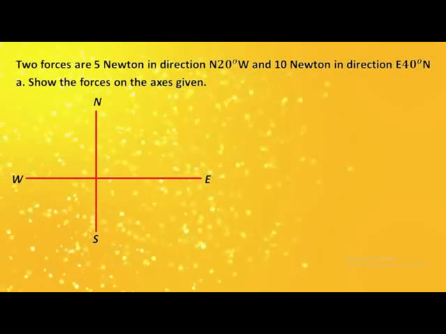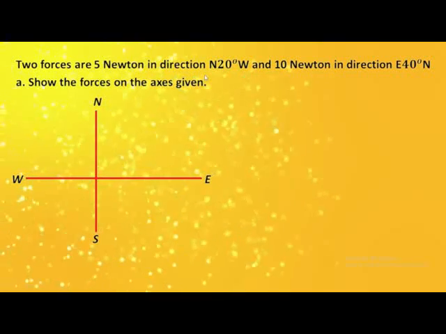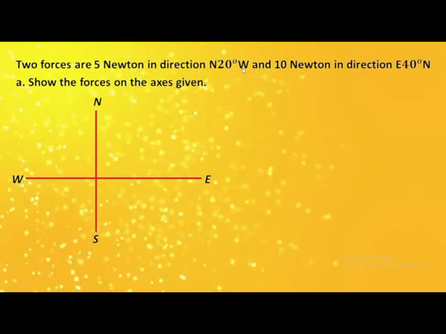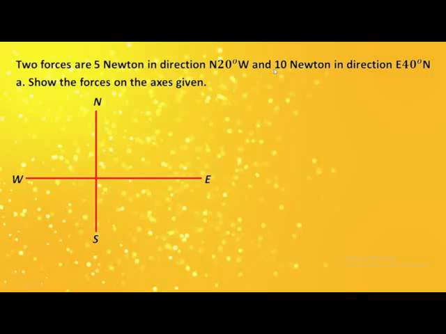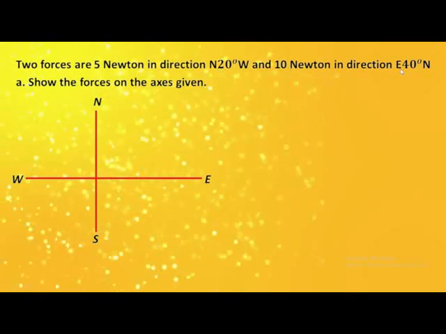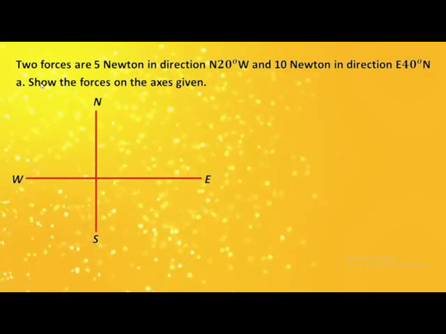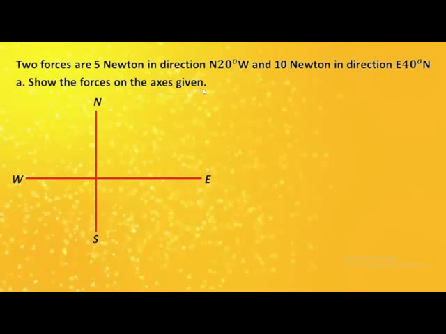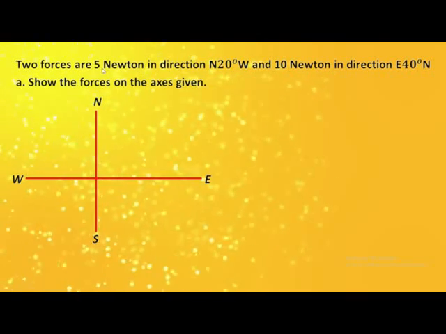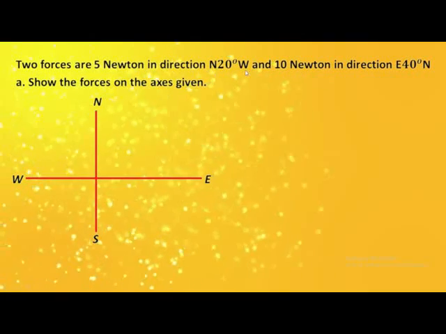Let's move on to the example. Two forces: 5 Newton in the direction 20 degrees from north to west, and 10 Newton in the direction 40 degrees from east to the north. A. Show the forces on the axis given. First, let's deal with the 5 Newton force in direction 20 degrees from north to west.